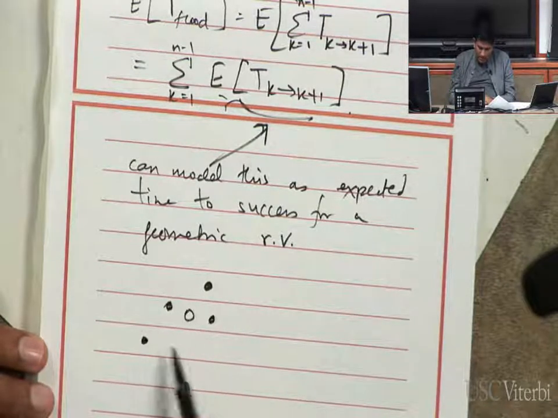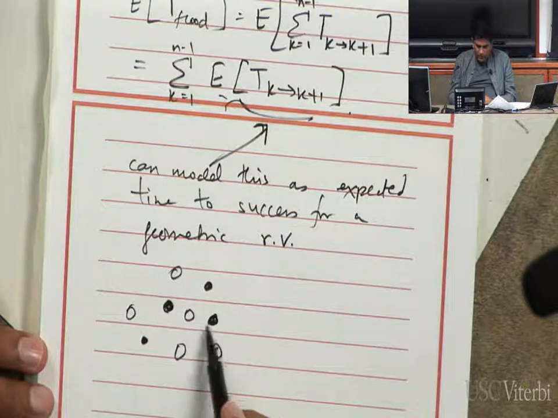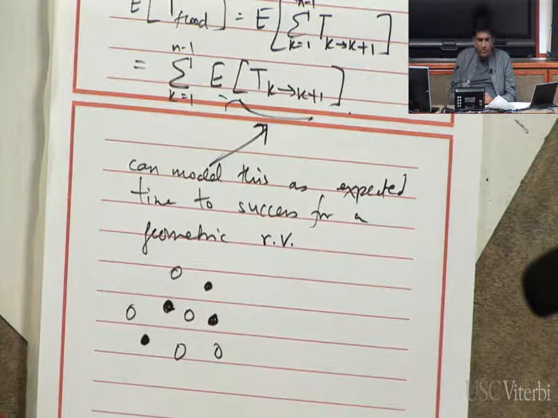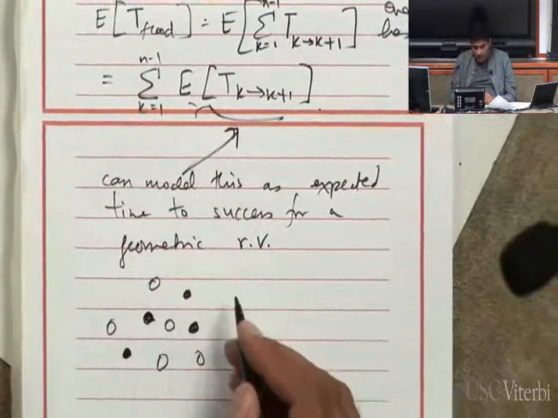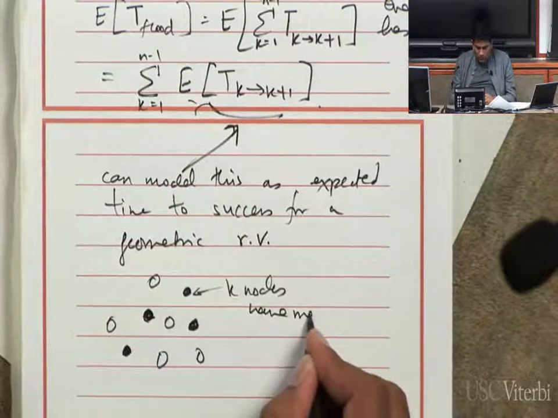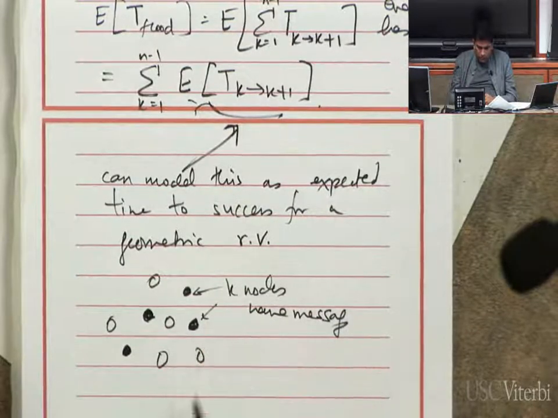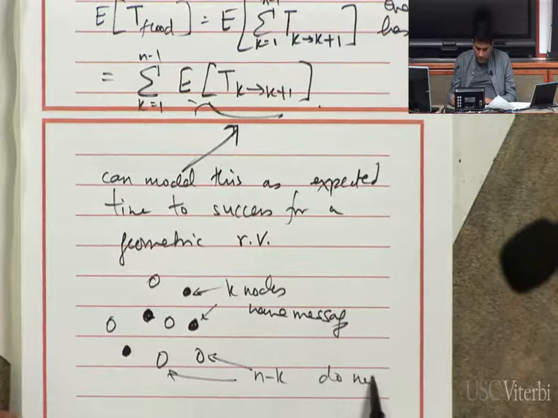There's a bunch of nodes that got the message. Let's imagine those are these solid filled nodes, and some nodes do not have the message. The experiment that I'm doing at this time is when k nodes have the message, and n minus k do not.